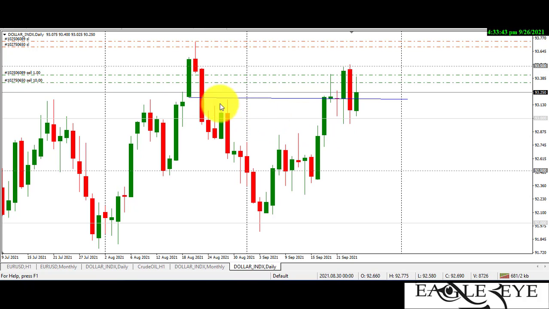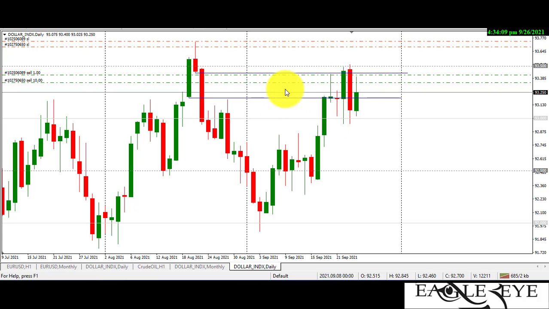But then we had this void filled in, this area filled in right there, and just after that we had the pullback on the following day.